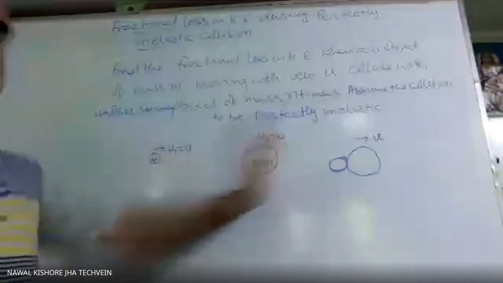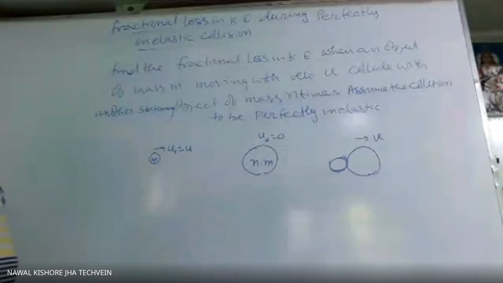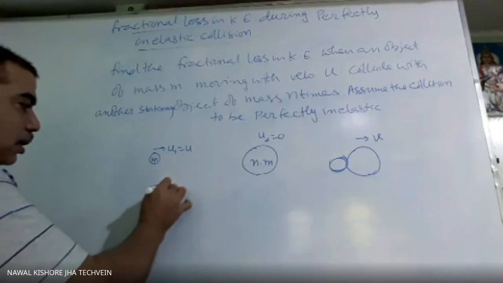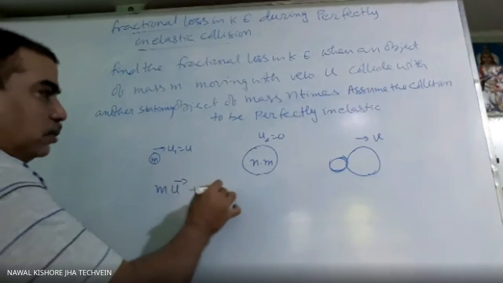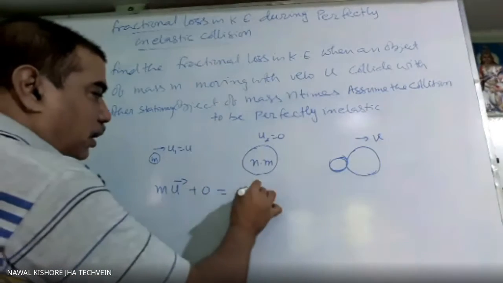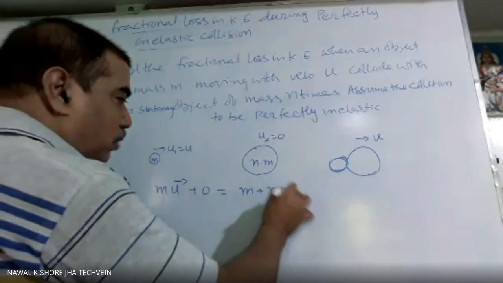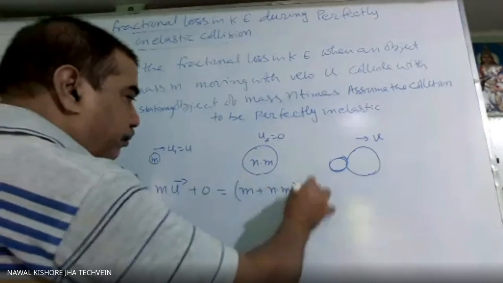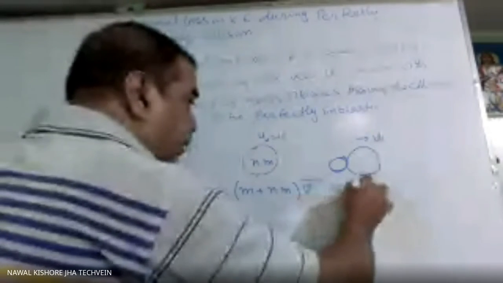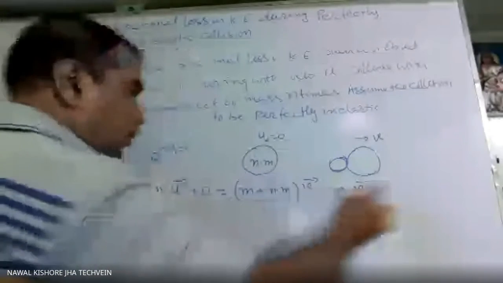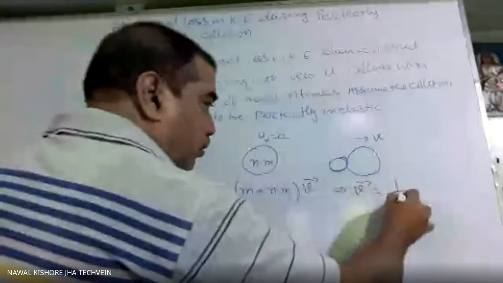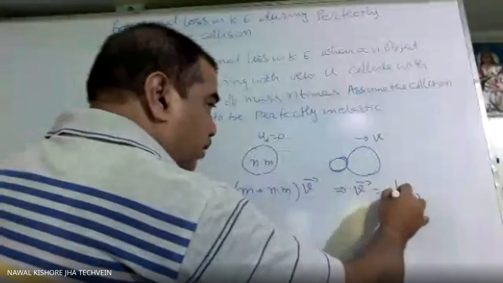So one relation will be the law of conservation of linear momentum. We get mu plus 0 equals (m plus nm) v. So v will be u by 1 plus n.